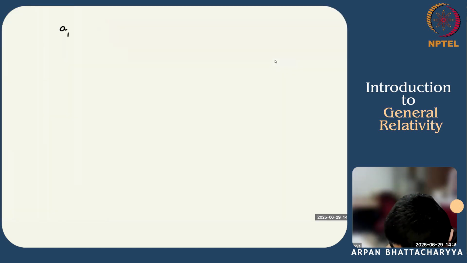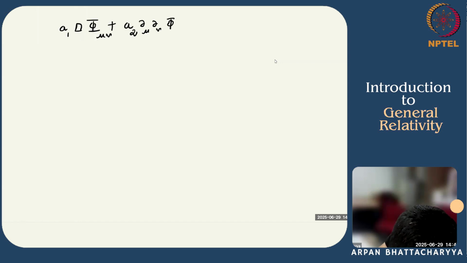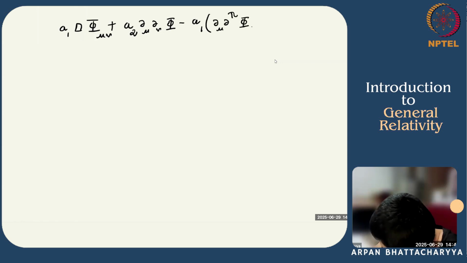We have A1 box of capital phi mu nu plus A2 del nu del mu of the trace phi, which is the trace of capital phi, A1 del mu del lambda capital phi lambda nu plus del nu del lambda capital phi lambda mu.